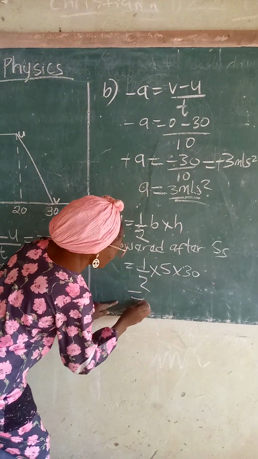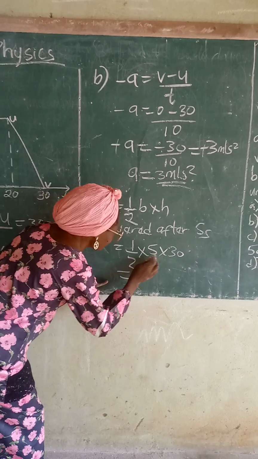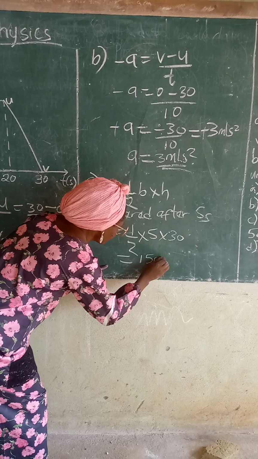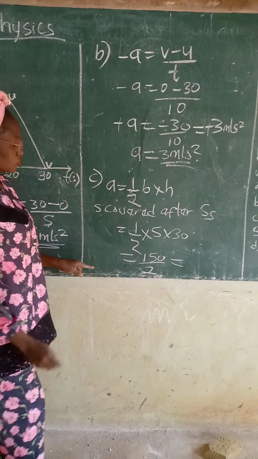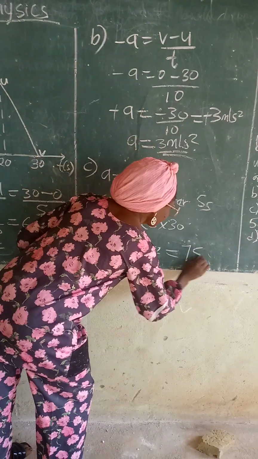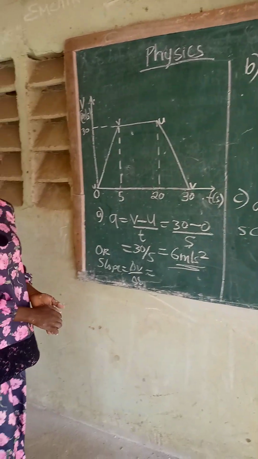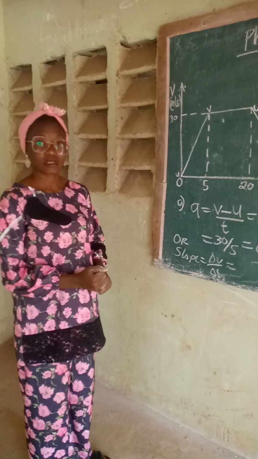So we have 5 times 30, which is 150, divided by 2. That will give us 75 meters as our distance covered after 5 seconds.